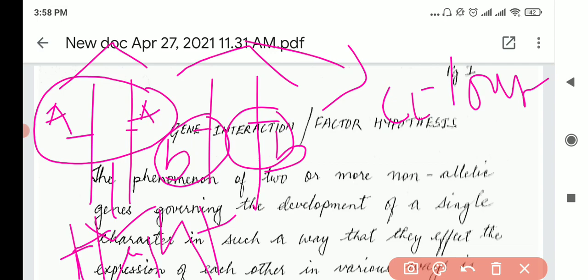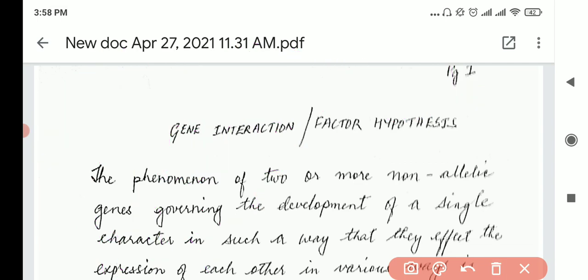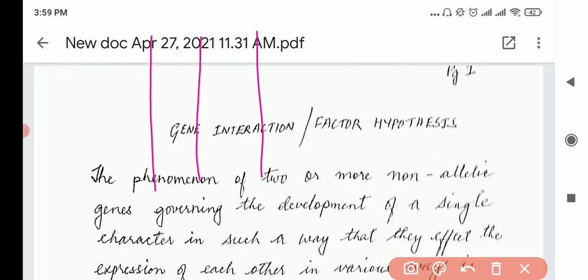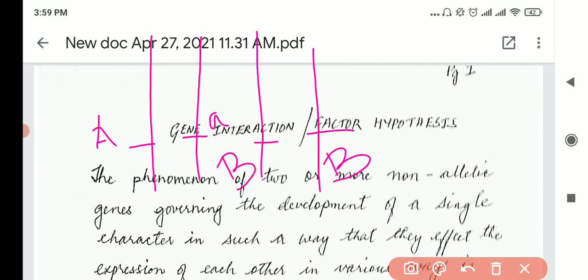But when we talk about gene interaction, let's say this is one chromosome pair, this is another chromosome pair, this is another chromosome pair. Here are the alleles A and A, and here are the alleles B and B. Okay, whether it's dominant or recessive doesn't matter, but A and A is on a homologous chromosome, B and B is on a homologous chromosome.